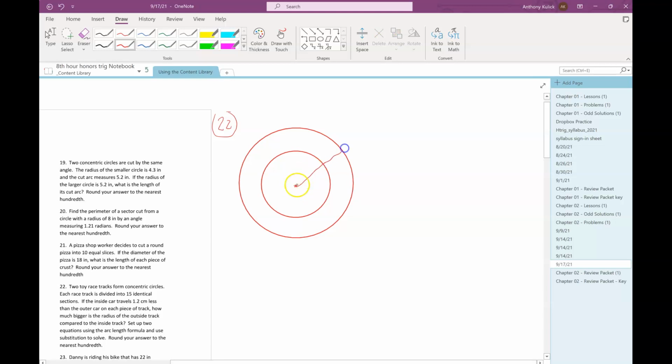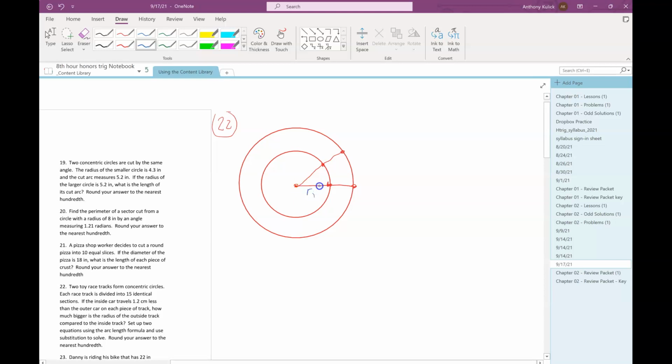So I'm just going to draw one of those identical sections. So let's label some parts there.